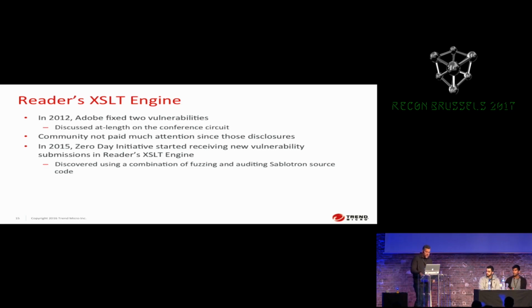Then in the Zero Day Initiative program in 2015, we started to see new submissions from multiple researchers in this code base coming into our program, and it got us interested in how exactly they were going about finding the vulnerabilities in Adobe Reader. It all comes back to source code analysis of Sablotron and the fuzzing techniques they're using to find these bugs. We'll go over some of those in a second.